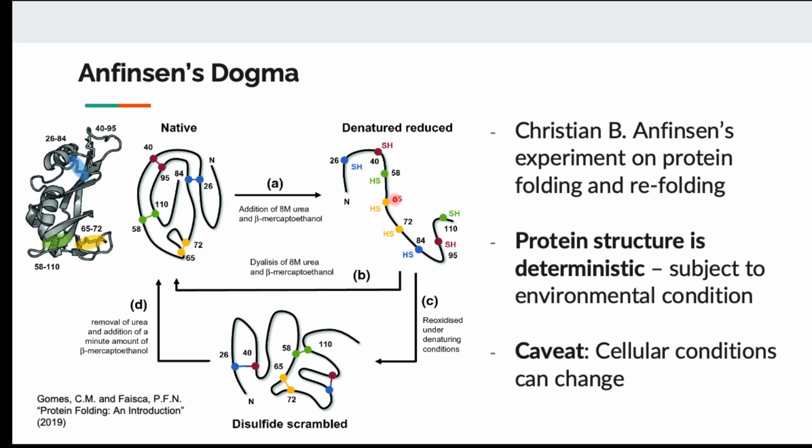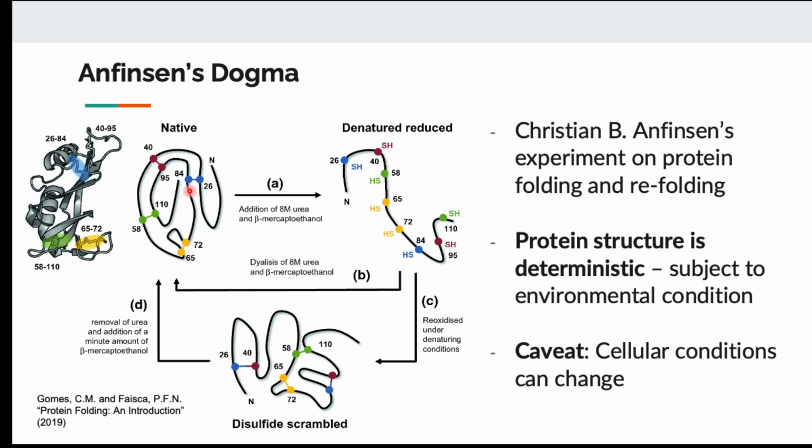In his experiment, he asked: if he introduced the protein back to the original condition, if he removed the urea, will the protein fall back to the original form, or will it fall into many possible forms? And at that time, he found that if the protein is returned back to the cellular condition, you get back the same structure, the same form.